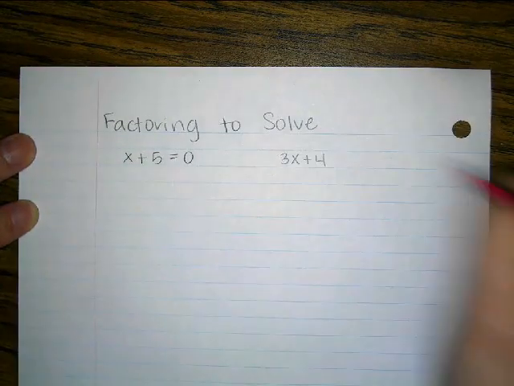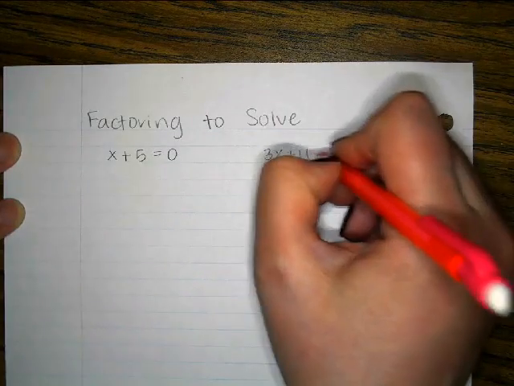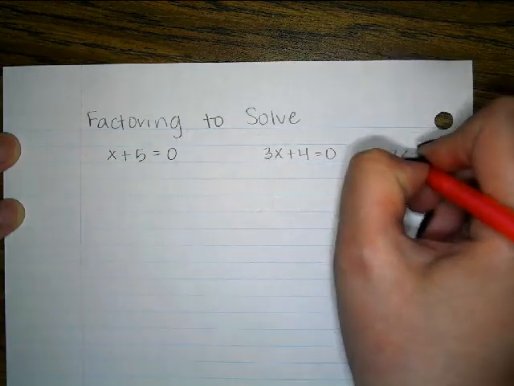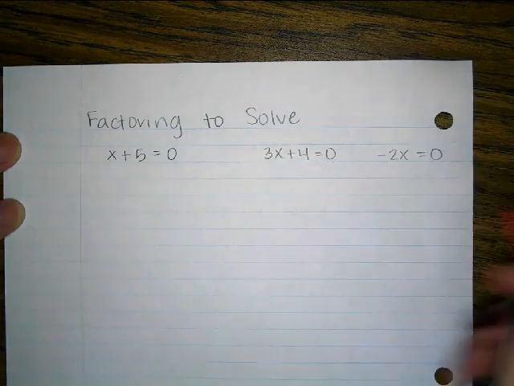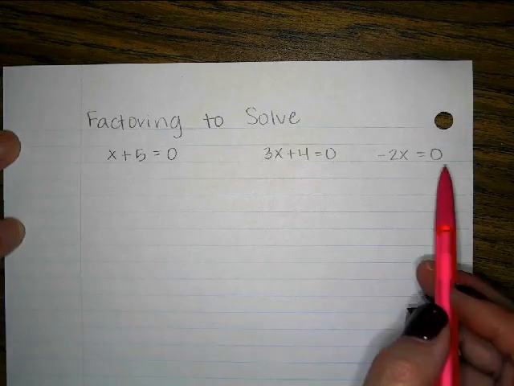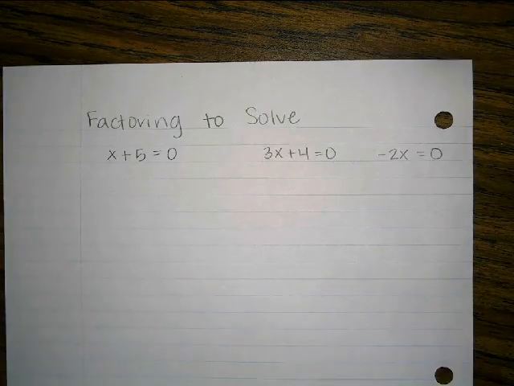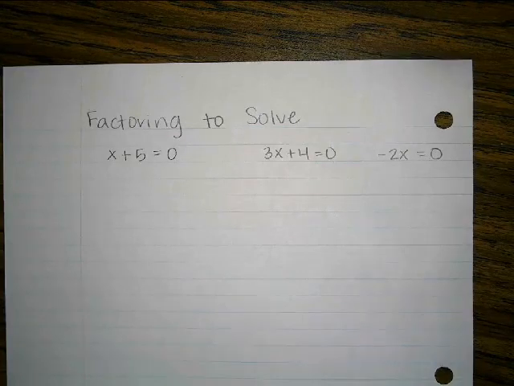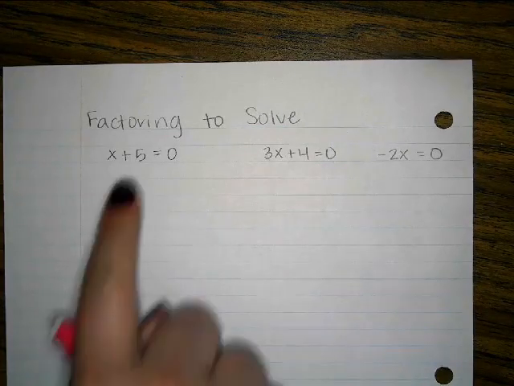You might have something like negative 2x equals 0. And I just want to make sure that we're comfortable solving all these different things because when we are factoring and solving, we're going to end up solving all these different pieces at some point.